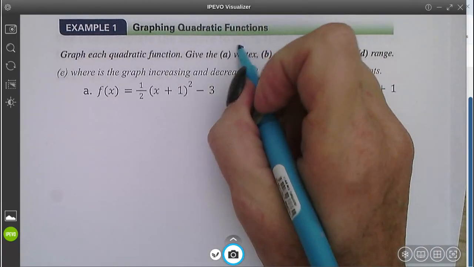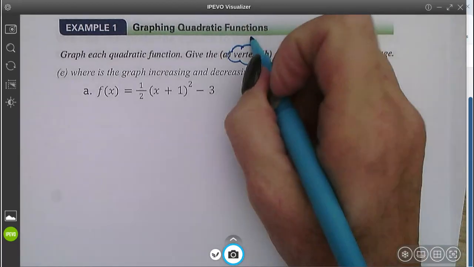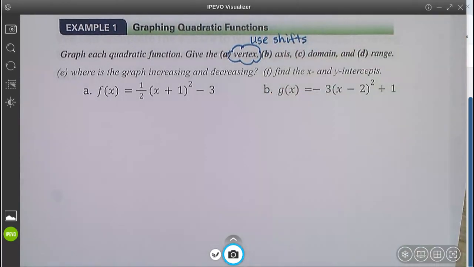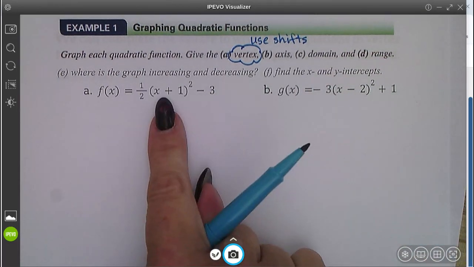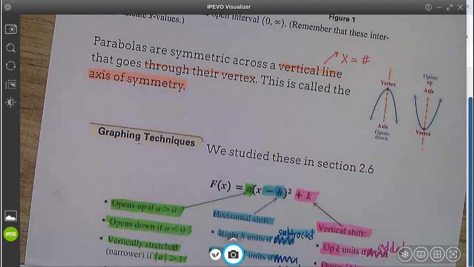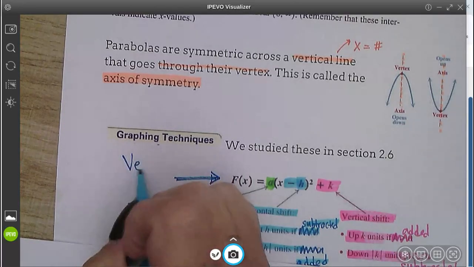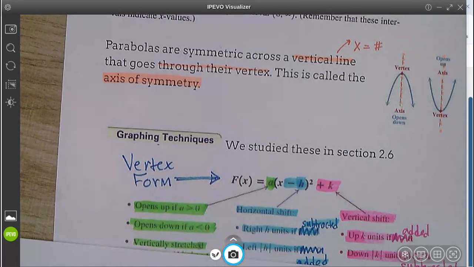So we're going to need to use the left and right up and down shifts. So use shifts. And that's when our equation is in what we call vertex form. Let's go ahead and label this vertex form, because we'll have another form later.